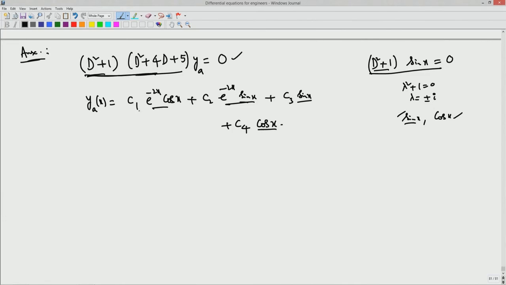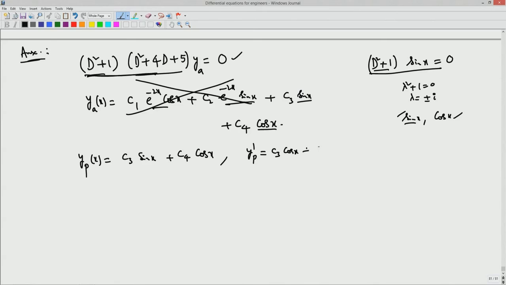In this we remove the homogeneous solution. So, in this form you look for a particular solution, C3 sin x plus C4 cos x. You calculate its derivatives and put it into the equation. So, yp dash is C3 cos x minus C4 sin x. Yp double dash is simply minus C3 sin x minus C4 cos x.